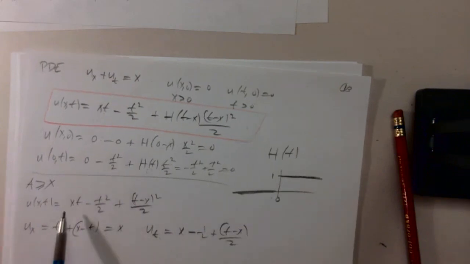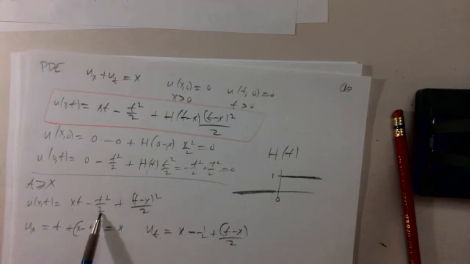If I differentiate this with respect to t, I get x minus t plus 2 times (t minus x) over 2, which is t minus x.